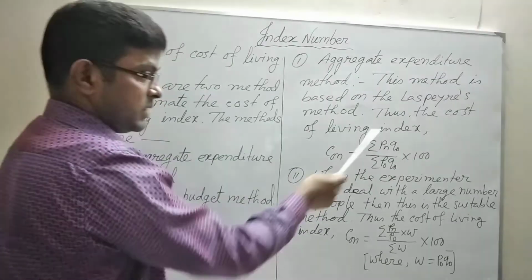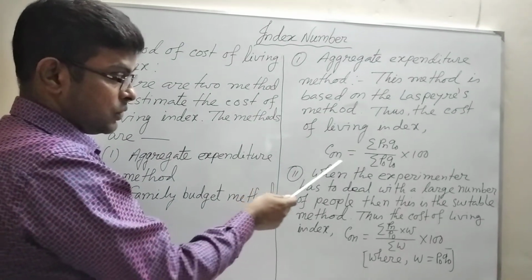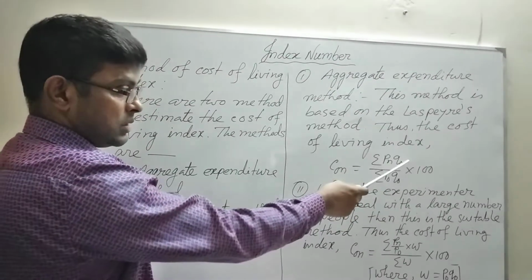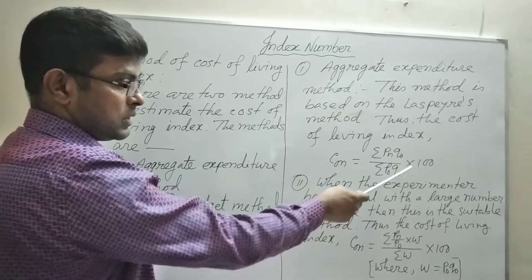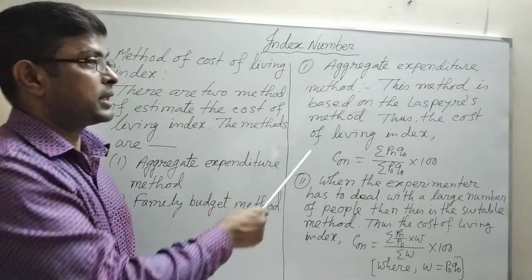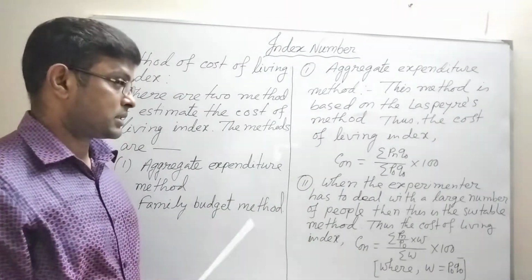Thus, the cost of living index, denoted by C suffix n, is equal to summation PnQo divided by summation PoQo, then multiplied by 100. This is called the aggregate expenditure method of cost of living index.